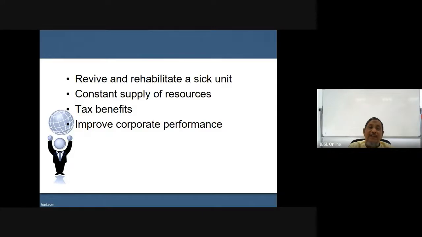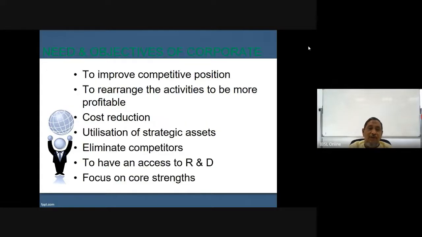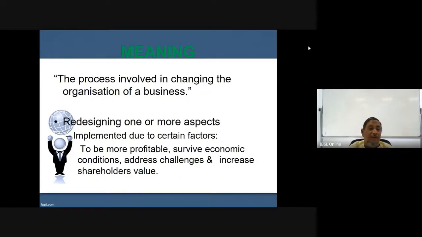And finally, they get the tax benefits and improve corporate performance. So corporate restructuring will help to improve competitive position, more profitability, cost reduction or cost management, utilizing strategic assets profitably or productively, eliminating competitors, research and development, value development.